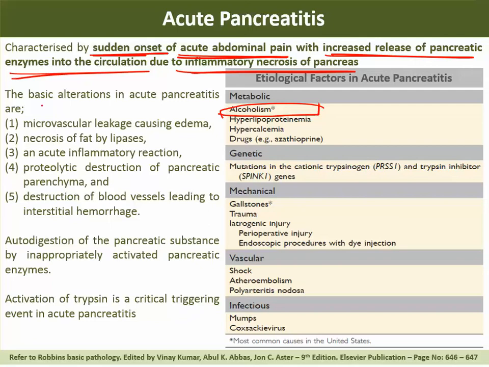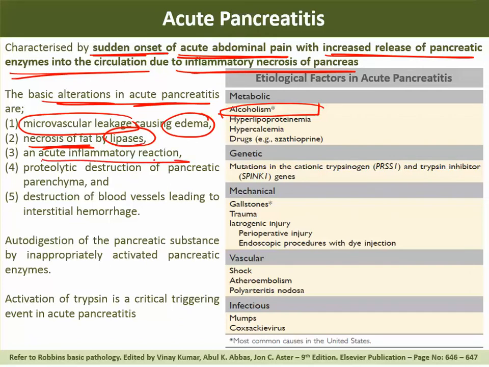What alterations happen in acute pancreatitis? There will be microvascular leakage. The blood vessels, the capillaries, are damaged and this produces edema in the pancreas. Fat will go for necrosis because of leakage of lipase enzyme, and there will be an acute inflammatory reaction and destruction of the pancreatic parenchyma.